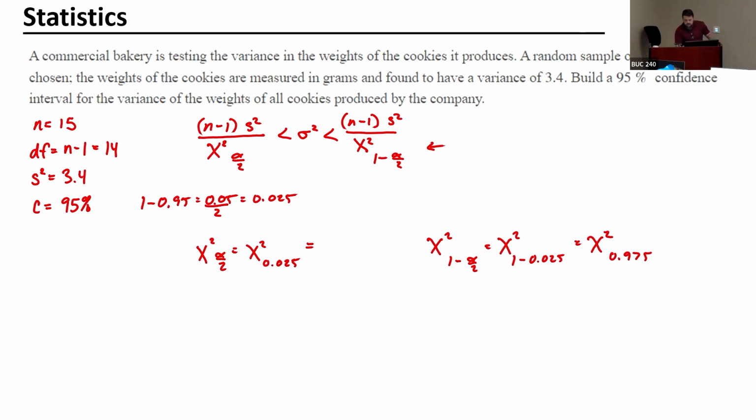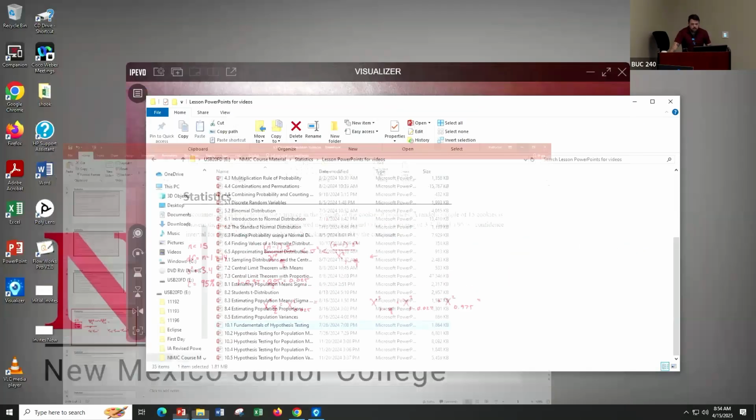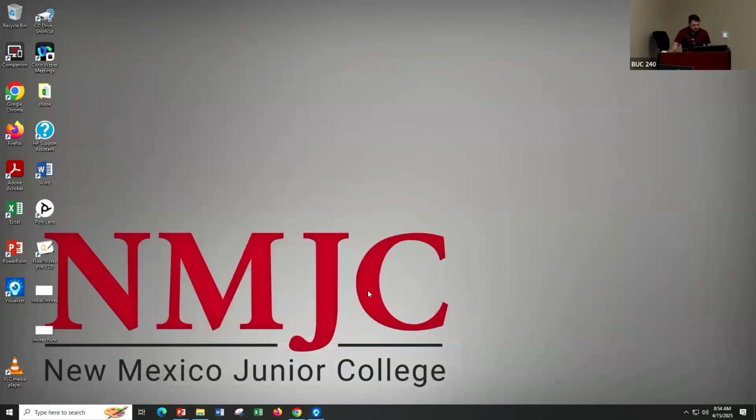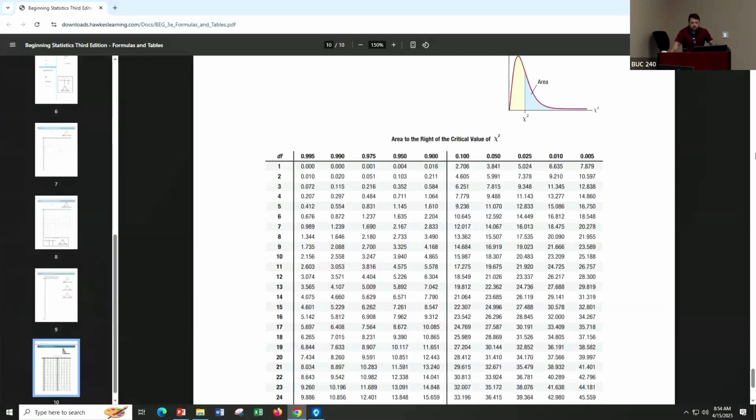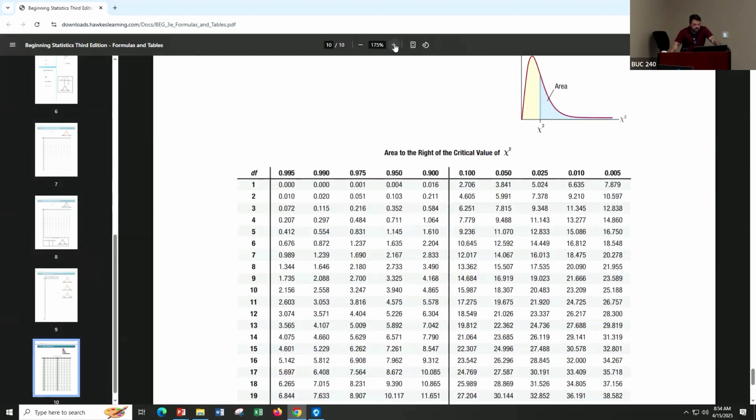Now, if you would permit me, I'm going to back off this screen and pull up the chart, the same chart you'd be seeing in your book right now, or that you will have on your final. We know our degrees of freedom was 14.